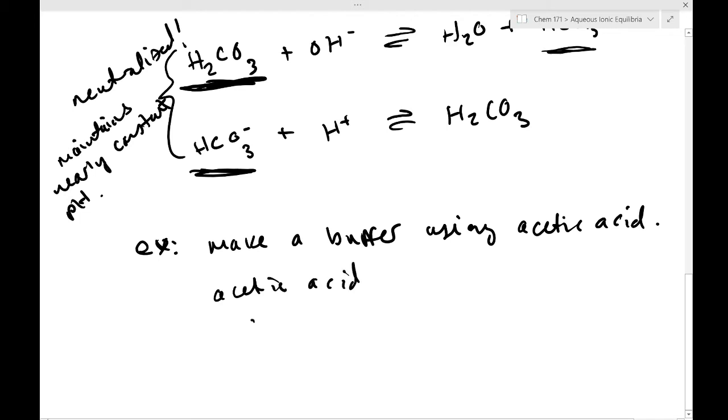So we need a solution of CH3COOH, and we need a solution of acetate. So we need a solution of CH3COO minus. We need that independent of the acetic acid.